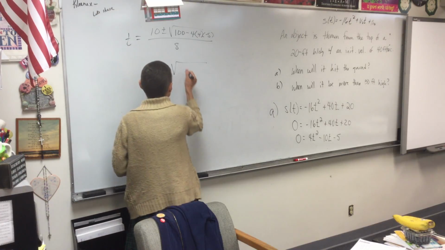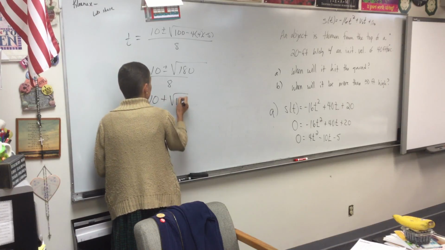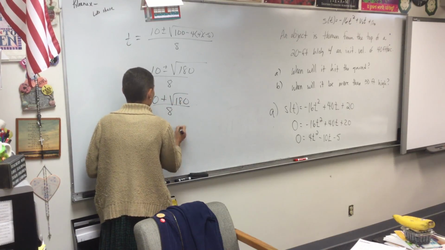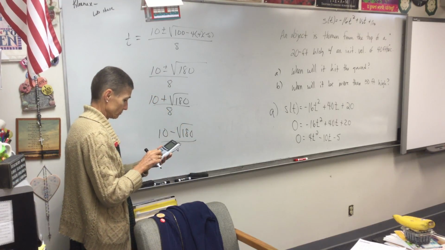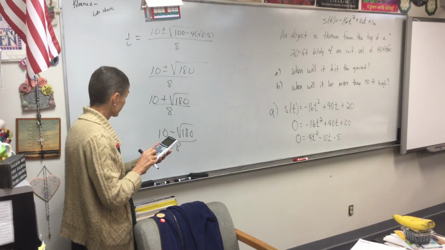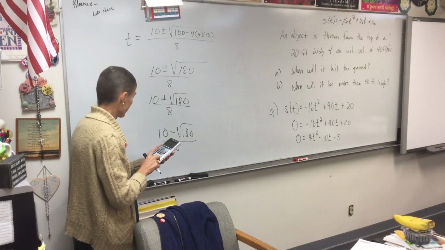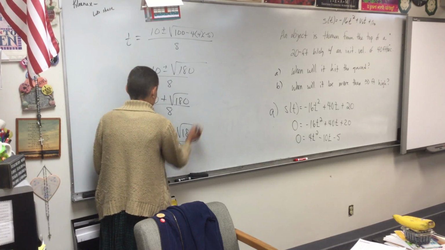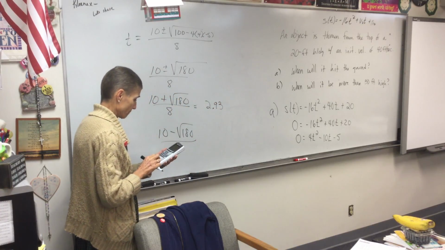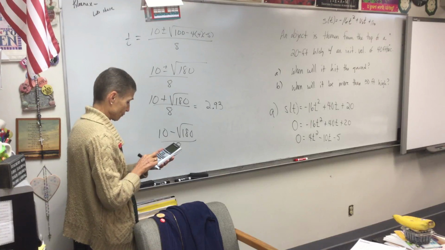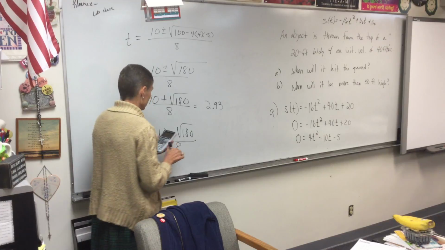So 10 plus the square root of 180 over 8, and 10 minus the square root of 180 over 8. I got one answer, 2.93. And the other one, ooh, I got a negative.